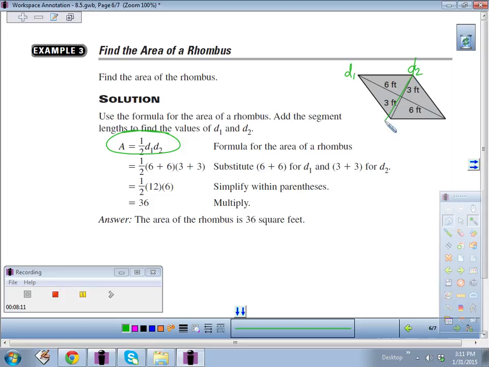So this entire diagonal 2 would be a length of 6, and this entire diagonal 1 would be a length of 12. So we're using those values right here, 12 and 6. So 1/2, 12 times 6 will give me the area of the rhombus. 1/2 diagonal 1 times diagonal 2, and we get 36 square feet when we simplify.